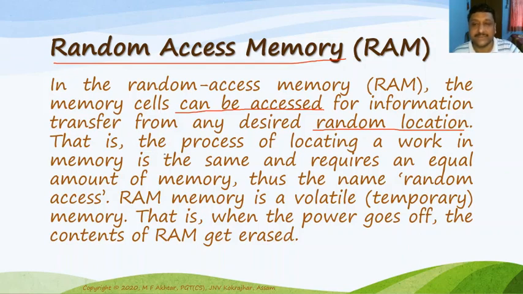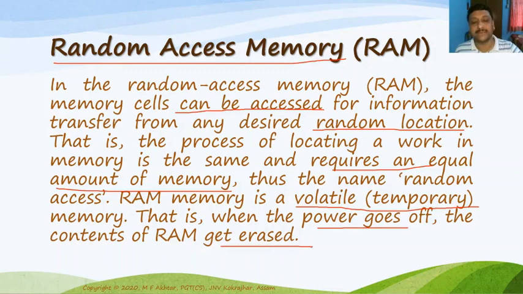That is, the process of locating a word in memory is the same and requires an equal amount of time. Thus the name random access. RAM is a volatile memory, but there is a demerit here. What is this demerit? It is temporary memory, it is volatile memory, and when the power goes off, all the data gets erased.